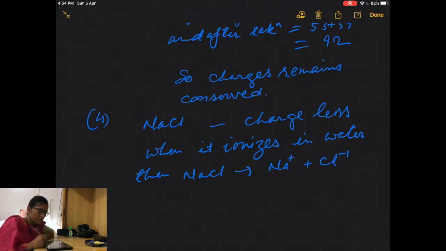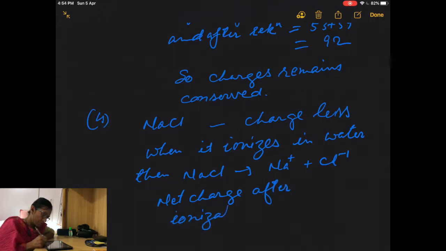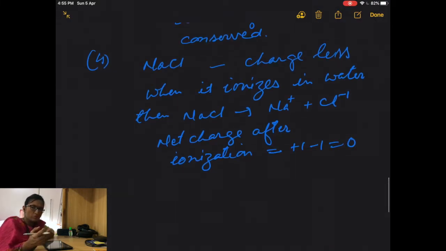So the net charge after ionization is equal to plus 1 minus 1, which is equal to 0. So charge remains conserved. Many examples are there, and in each and every example it is obeyed invariably. So charge remains conserved.